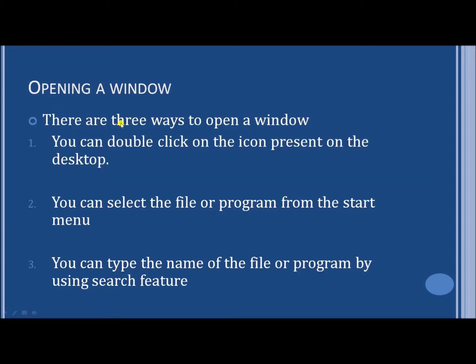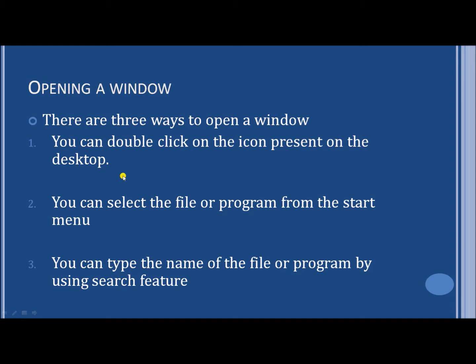Now before moving forward, I would like you to know how we can open a window. Opening a window can be done in three ways. Number one, you can double click on an icon present on the desktop.